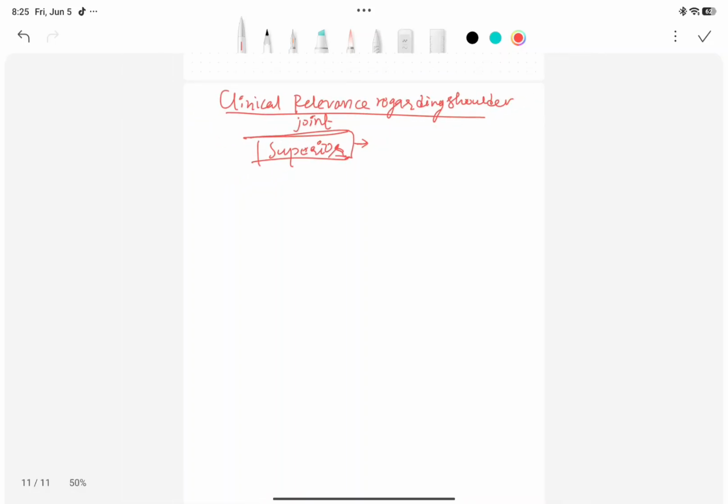So inferior dislocation of the shoulder joint is more common. Clinical relevance: the inferior dislocation of the glenohumeral joint is more common.